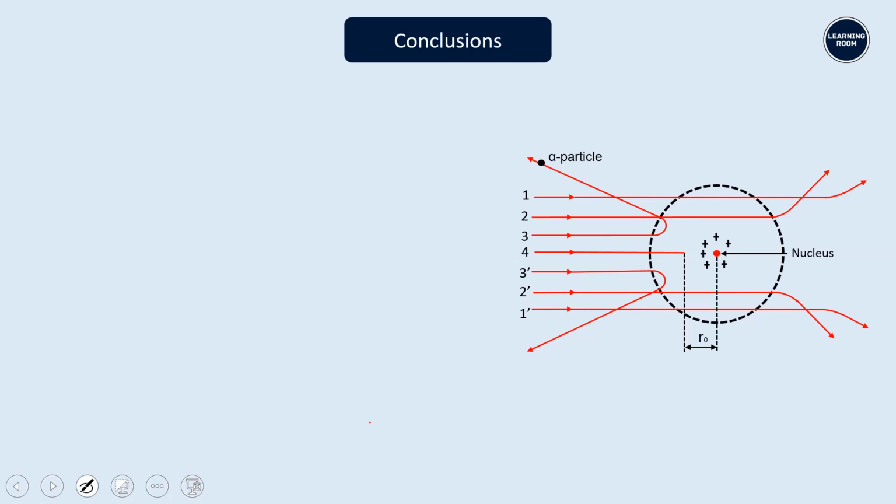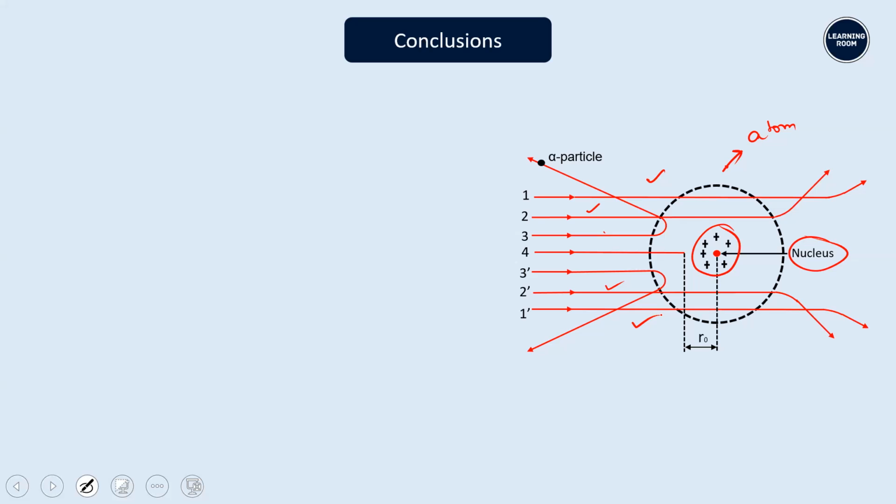If you see, if this spherical part is the atom, then this central part is given a name called as nucleus. Most of the alpha particles got penetrated through the gold foil, and after some time, yes, they got deflected. That's a different story.